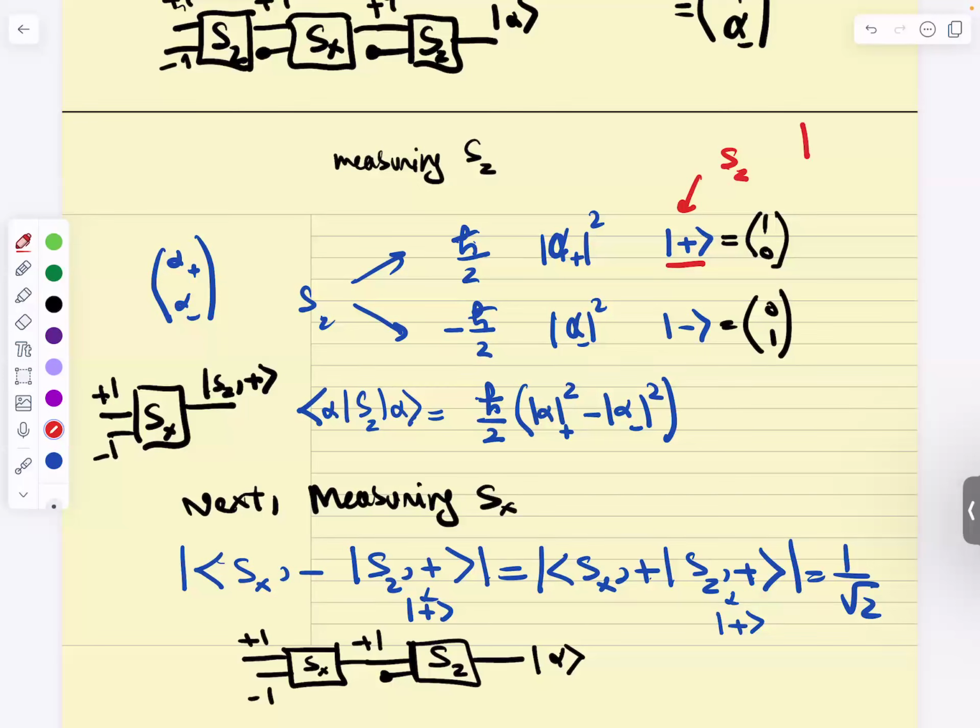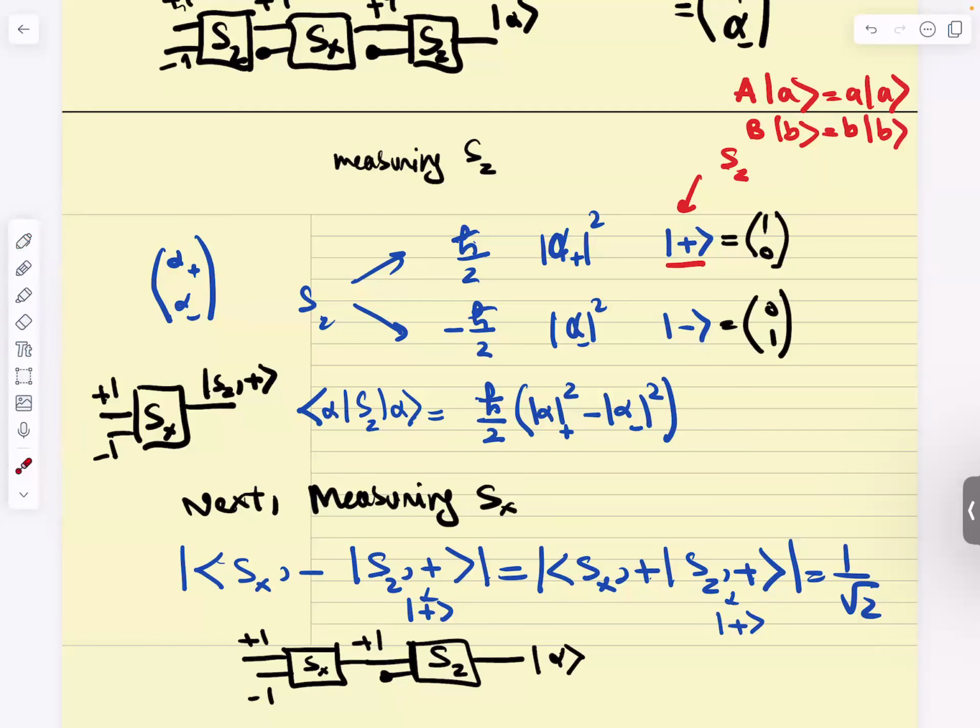Every time you have an observable A, this was the eigenvalue equation I was solving. How did you know that this A is the eigenvector of A? It's just a compact notation. I was using the small letters to tell you that this is the eigenvector of A, and when I wrote B, you knew that this is an eigenvector of B.